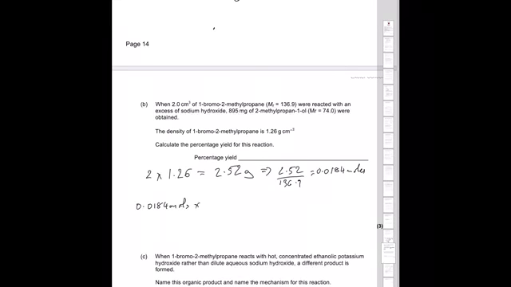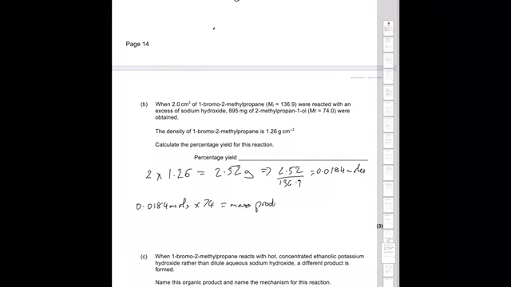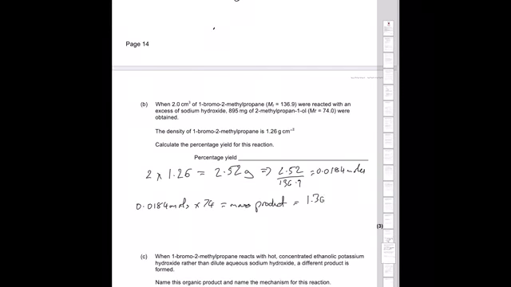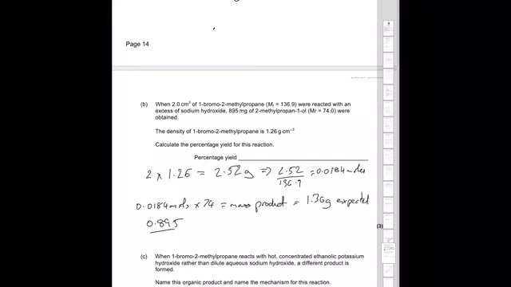So if we've got that many moles of the starting reagent, that must mean we've got that many moles of the product. So if we times that number of moles by the relative mass of the product, 74, we should get the mass of the product. So the expected mass of the product was 1.36 grams. So we take the actual over theoretical times by 100. But remember, we've got to convert the milligrams into grams.